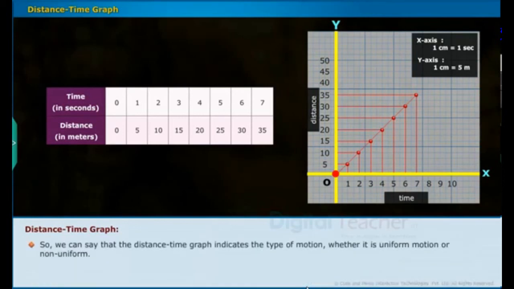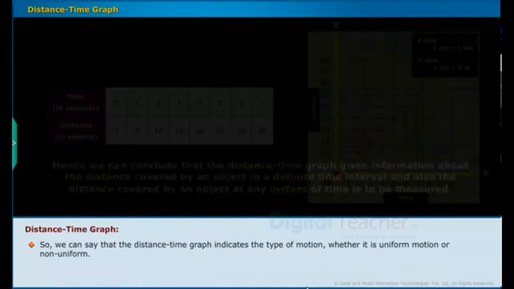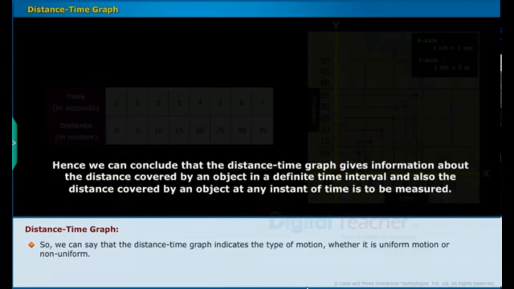So, we can say that the distance time graph indicates the type of motion, whether it is uniform or non-uniform. Hence, we can conclude that the distance time graph gives information about the distance covered by an object in a definite time interval, and also the distance covered by an object at any instant of time can be measured.